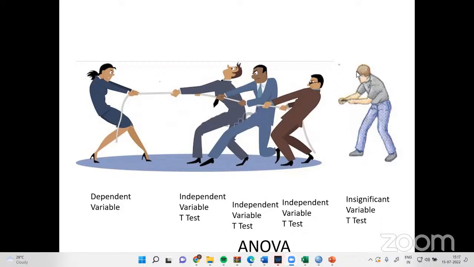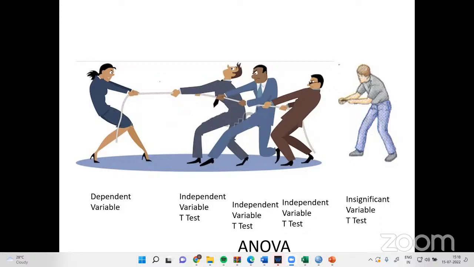Now you see this person. What can you interpret about this person? This one is not contributing in pulling. Yes, this person is like someone in any organization who is not contributing in this tug of war.